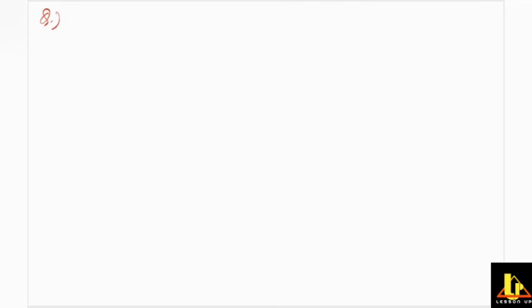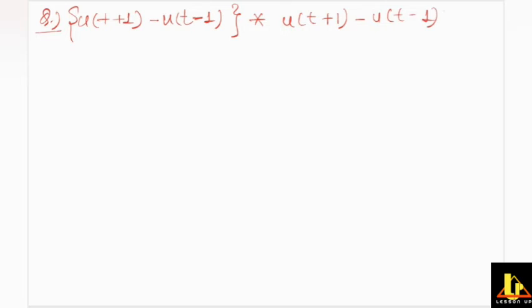Now if we convolve two equal rectangles, that is u of t plus 1 minus u of t minus 1, convolved with u of t plus 1 minus u of t minus 1, like this.